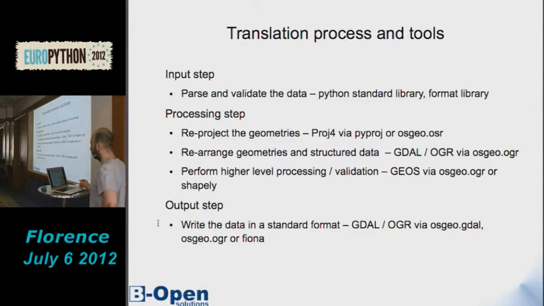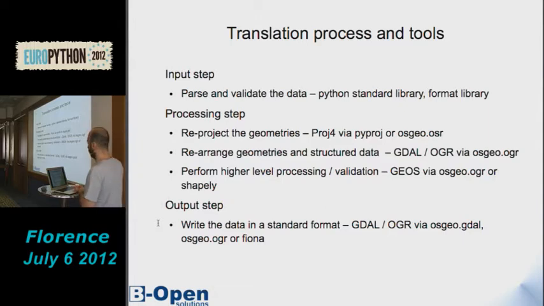And then you may do some high-level processing to check that the data is consistent. This can also be done quite easily in Python. Now, the main point here is that the GDAL OGR library gives you a quite nice abstract way to describe geospatial data.